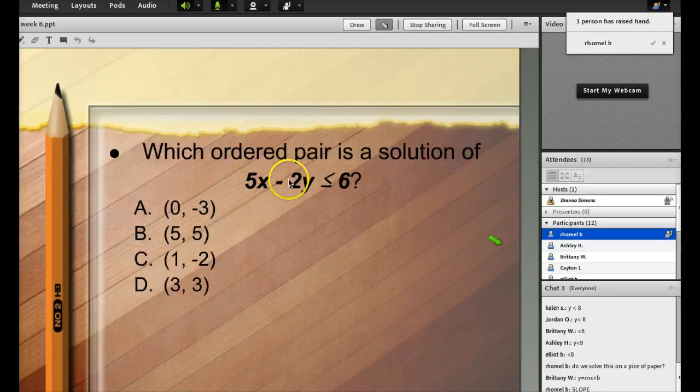Okay, so in this particular case, which one, oh, and I didn't do this problem, so you guys all do this for me. Which one is going to be a solution to this graph?